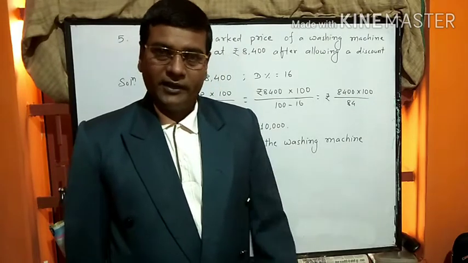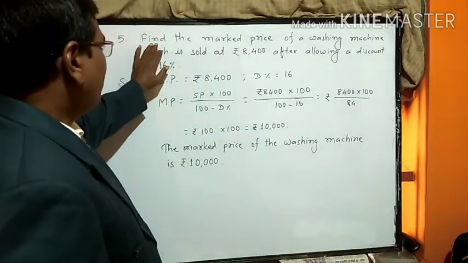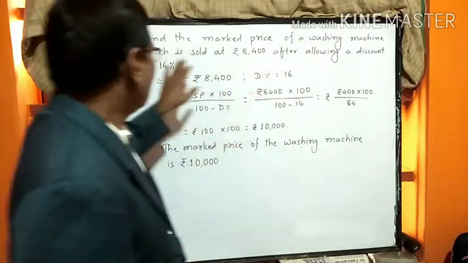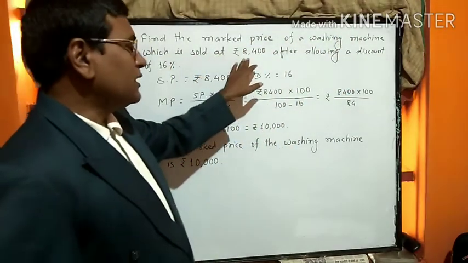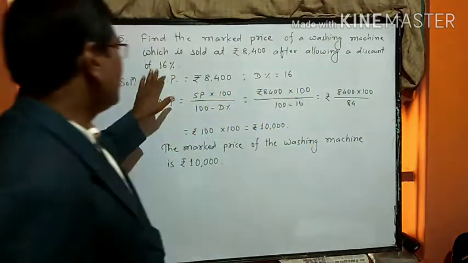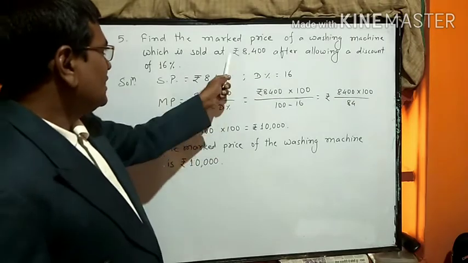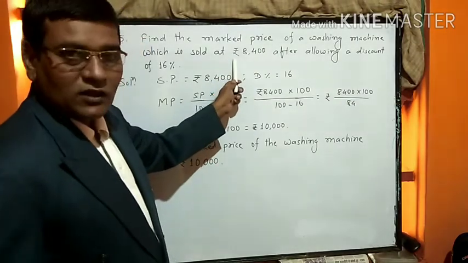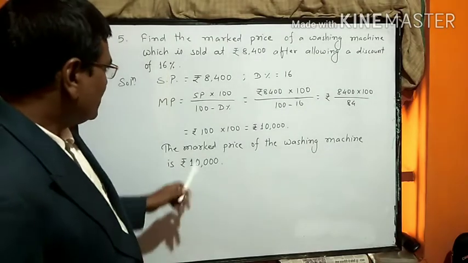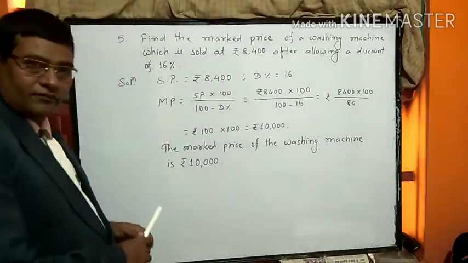Now question number 5. Find the marked price of a washing machine which is sold at rupees 8400 after allowing a discount of 16%. This is selling price 8400 and discount percent is 16. So you have to find MP.